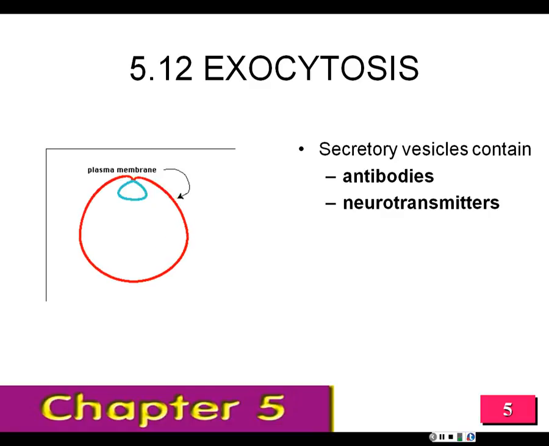Antibodies, for example, neurotransmitters. If we're looking at the end of a neuron, in order to get that neurotransmitter outside of the cell, usually it's packaged in a vesicle and then secreted outside of the cell, and then you've got either another neuron or a muscle waiting with receptors on it to receive those neurotransmitters.